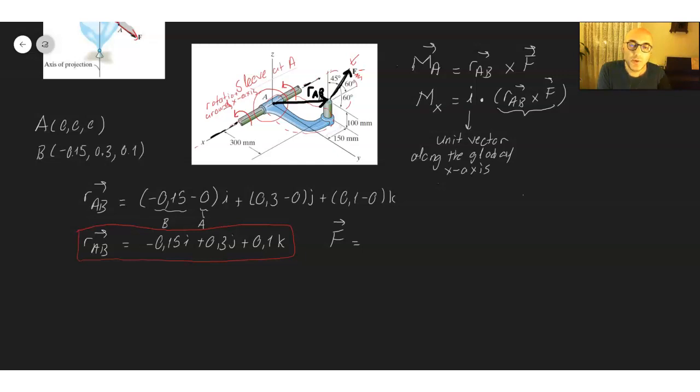The angle of force vector F with the x-axis is 60, with the y-axis is 60 again, and with the z-axis that's 45. So 60, 60, and 45 for the x, y, z axes respectively.